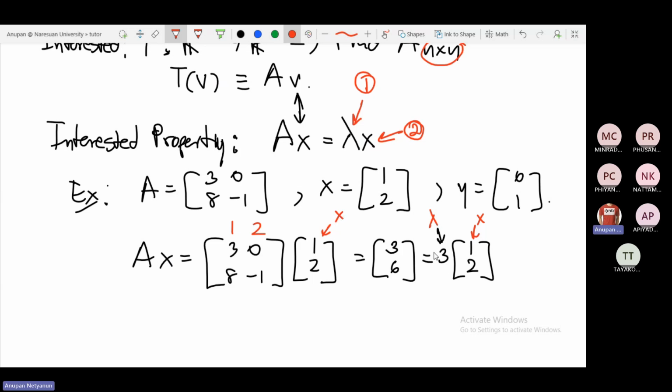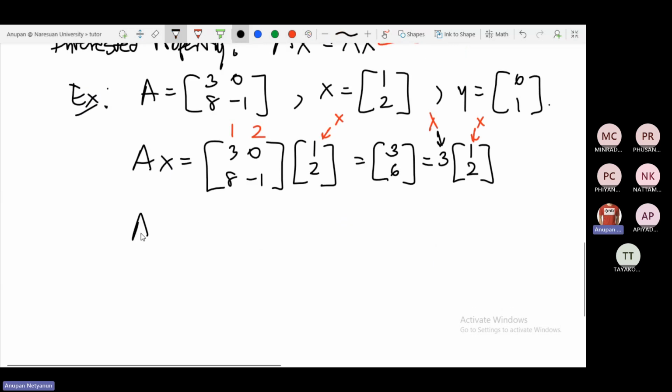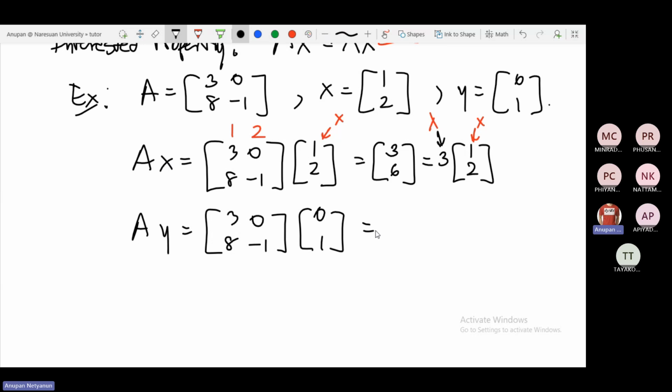Now, let's multiply y to A, which is [3, 0; 8, -1], and you multiply 0, 1 to it. So this is the same, line up 0, 1 like this. 3 times 0 plus 0 times 1, you get 0. Then 0, negative 1.